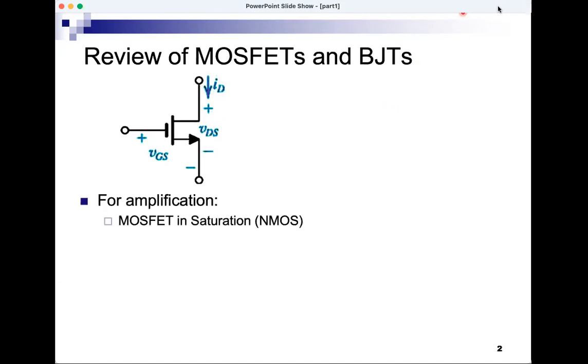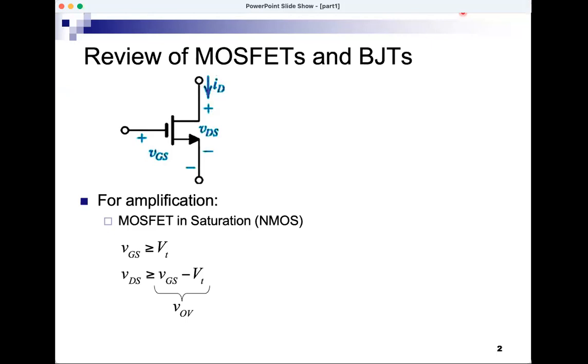In the saturation region for N-channel MOSFETs, VGS should be greater than the threshold voltage of the transistor, VT, and VDS should be greater than VGS minus VT, this quantity we call the overdrive voltage. So VGS larger than the threshold VT, and VDS larger than the overdrive VOV, which is equal to VGS minus VT.